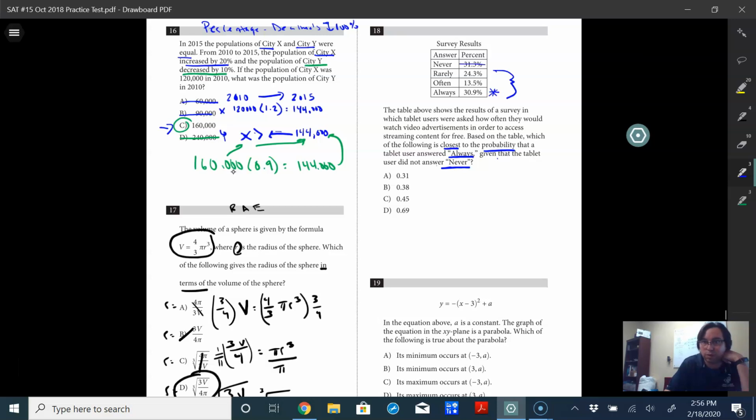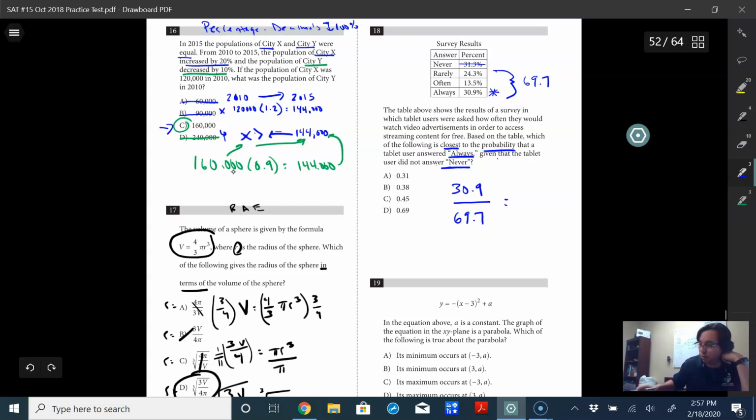So the sum of the remaining pieces would be 69.7, and of those, 30.9% answered always. So that would be 30.9 over 69.7.